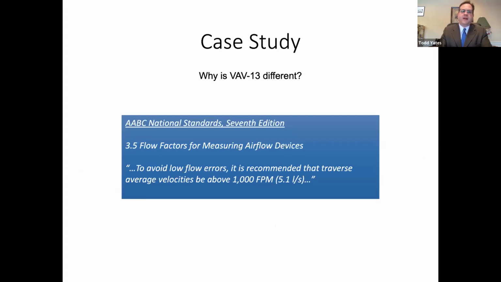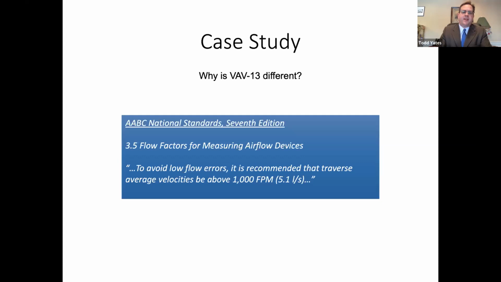And we went back to our AABC books. What does our standard say? I know there's a lot of information in the standards, and I know we're not consulting it every day. But here was a problem we had to solve, and we started looking to find out, can we find some direction there?